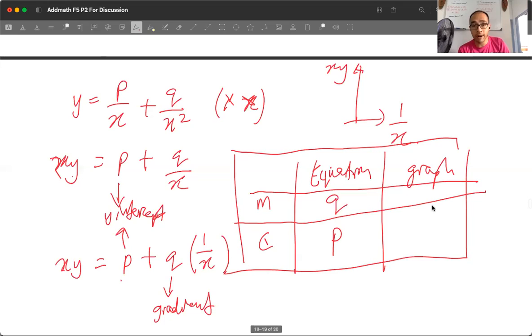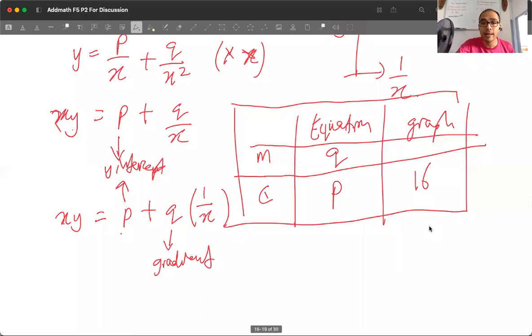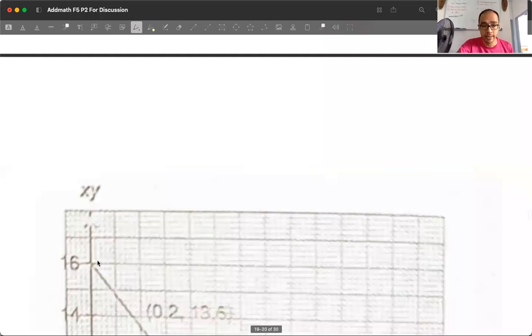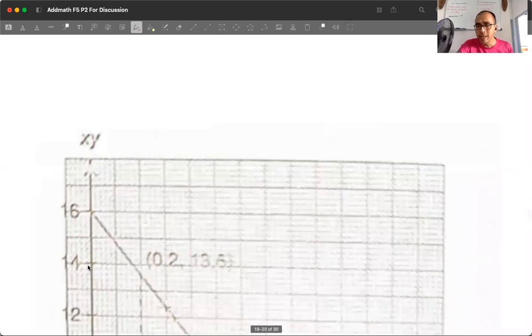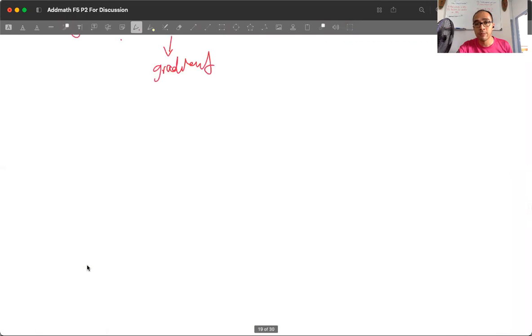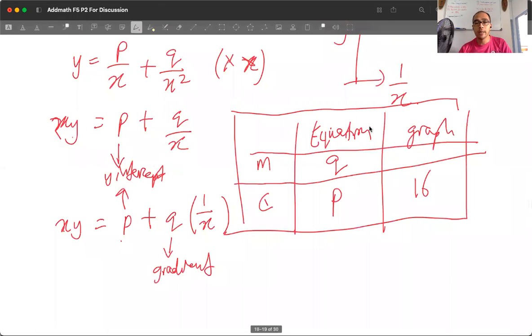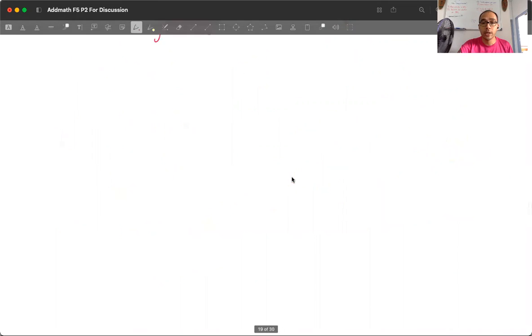Then from the graph, the c is 16. From my graph, my graph is 16. But follow whatever value you have, as long as it is not too far. If it is 14, I doubt it. I can accept between 15.8 and 16.2. Then from the graph I can calculate the gradient.